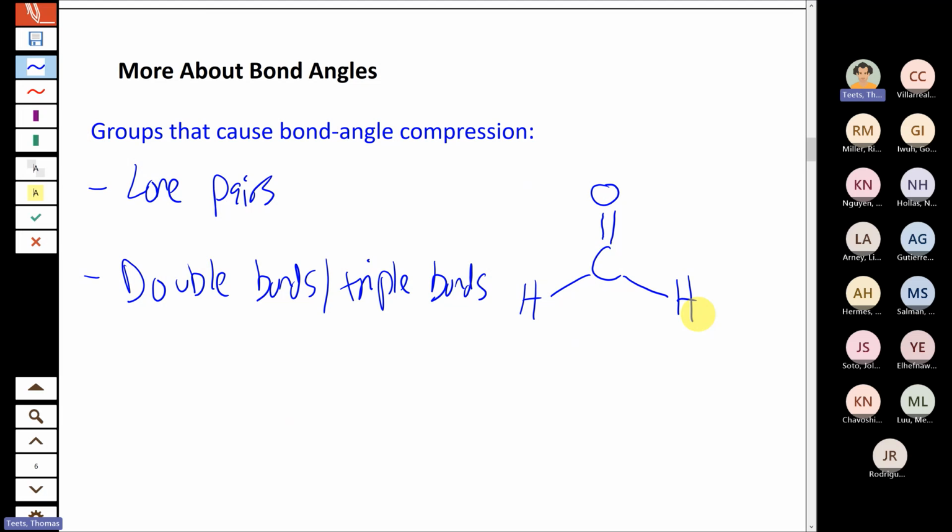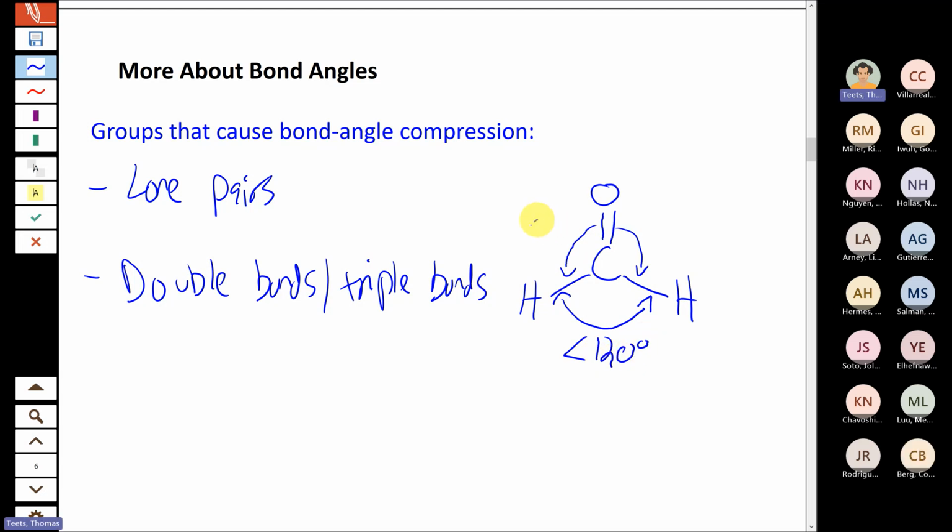But the prediction we would make is that with a double bond there, you have a bond that has 4 electrons opposing bonds that only have 2. That bond with 4 electrons is going to push down a little bit stronger because it has more electron density. That pushes these bonds down like this, and makes this angle down here between the 2 hydrogen atoms a little bit less than 120 degrees.